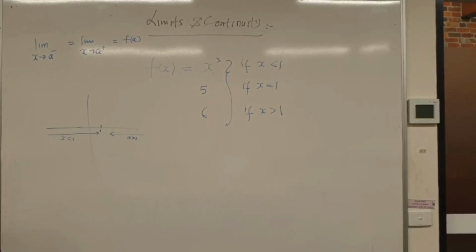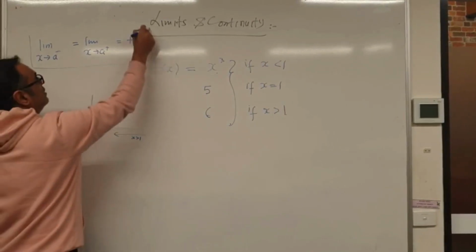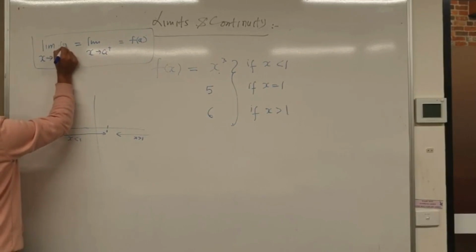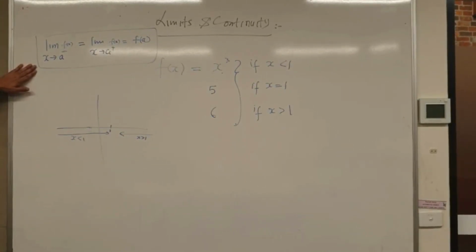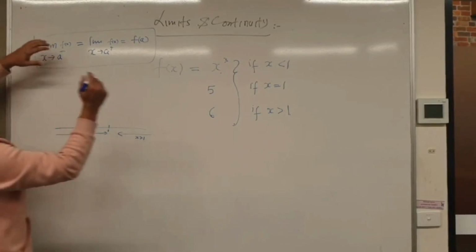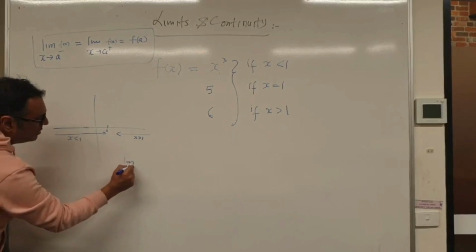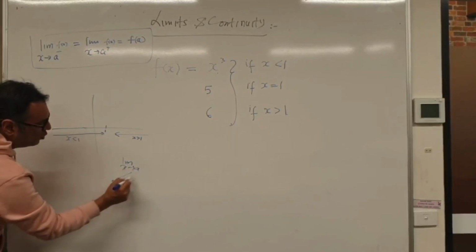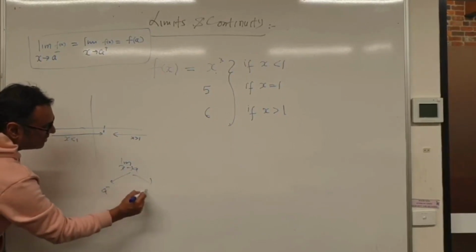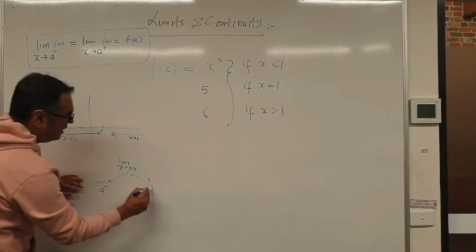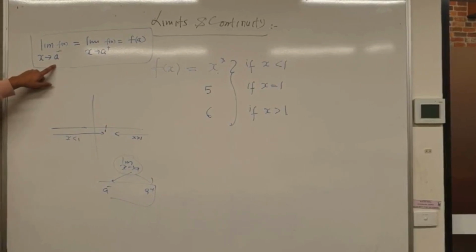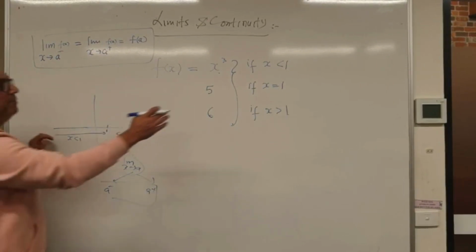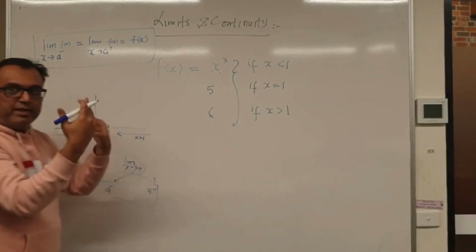So this condition has to be satisfied. If this is satisfied, the function is continuous. As I told you, the limit as x tends to a has 2 parts, the negative side and the positive side. If these are equal, I just write this. That's what it means. Let's check for 1, because 1 is the breakpoint here.